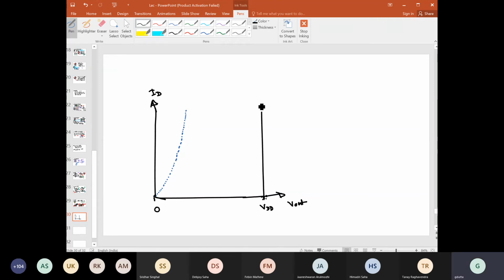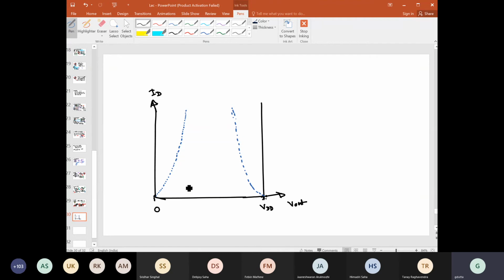Okay, so this is the line, to indicate that this is that VDD part, right? So I'll also do the same thing as I have done for this side, right? So this is that VDS sat level for NMOS. This is the VDS sat level for PMOS, right?